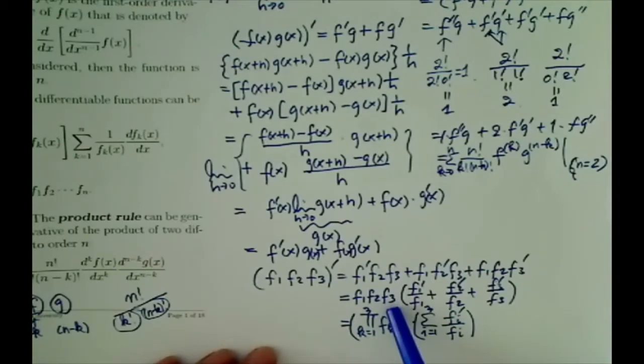And then replacement means divide by that function multiplied by the derivative of that function. So sum over i equals 1, 2, and 3. As a result, it is just the product of f_k from k equals 1 to 3, and then the summation of this factor, f_i prime over f_i. Although this is for the product of three functions, it can be generalized to any arbitrary product of functions.